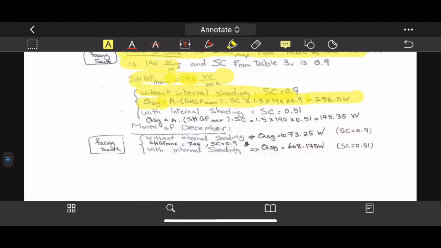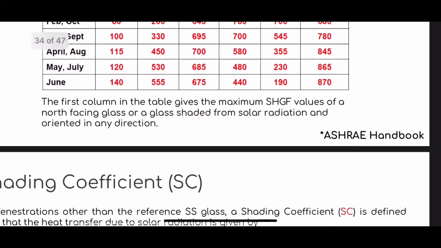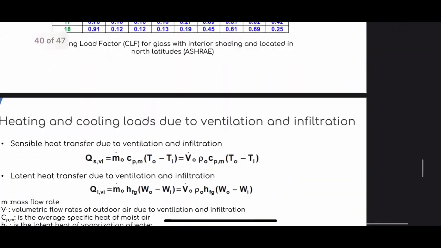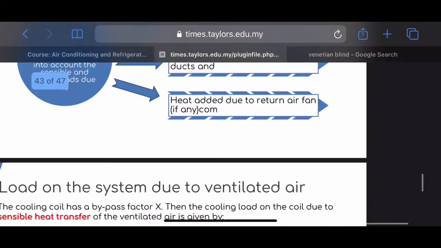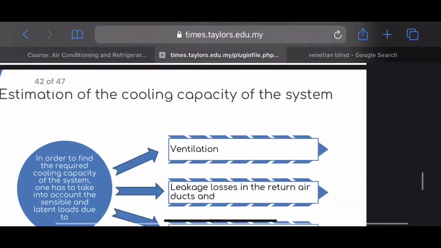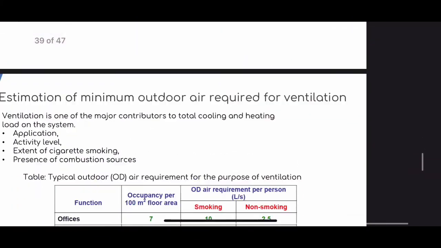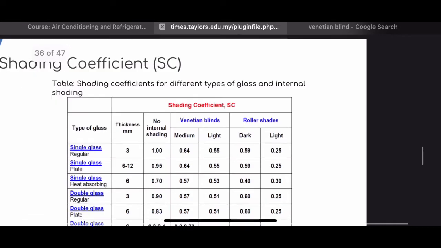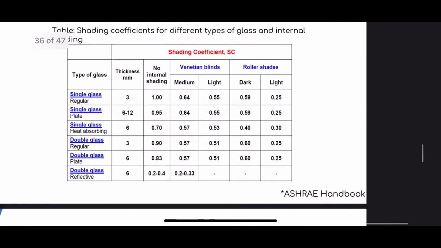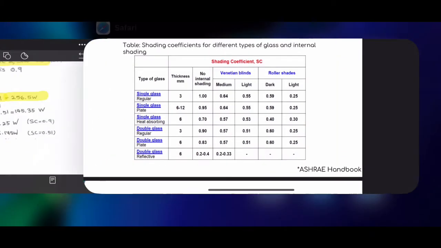Alright, so if you have internal shading, there's the Venetian blind. You can go back to those notes. Venetian blind. Okay, the Venetian blind minimum for single glass or double glass is 0.57 medium.